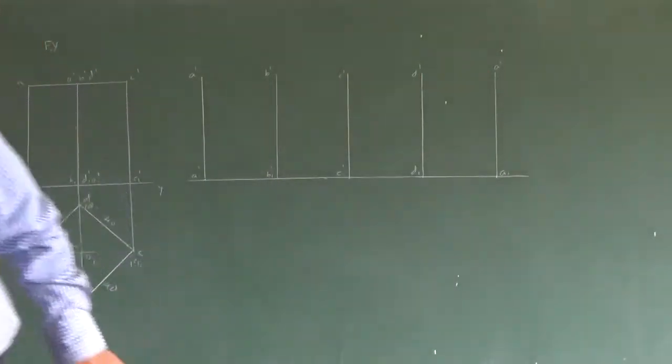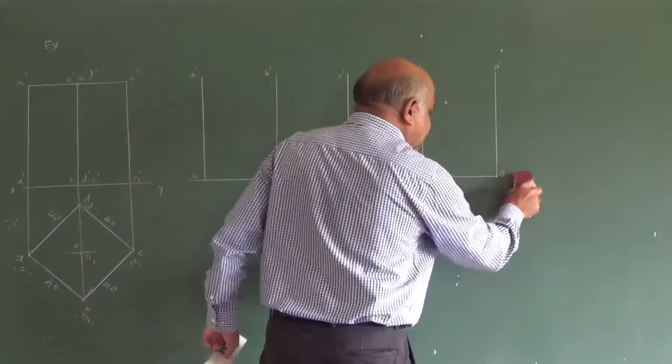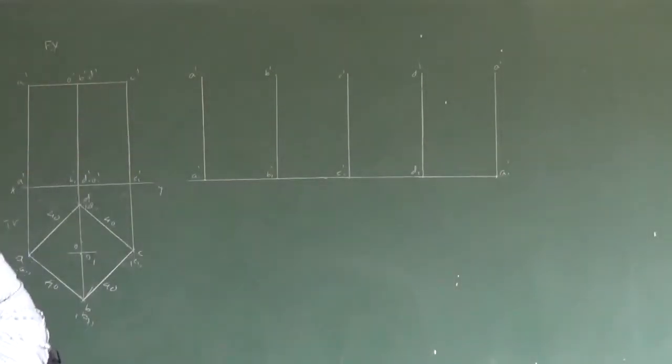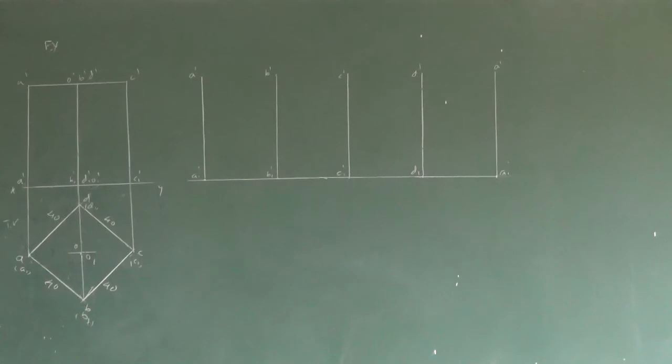Why A dash, A1 dash appears two times is because you are going to cut A dash into two parts.